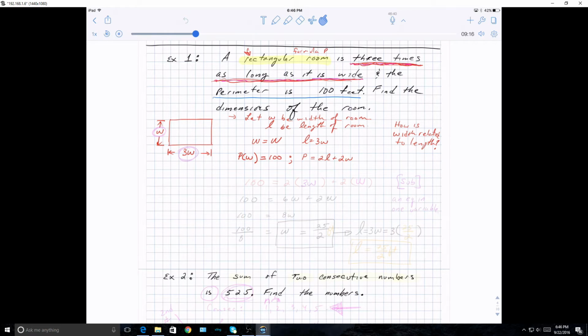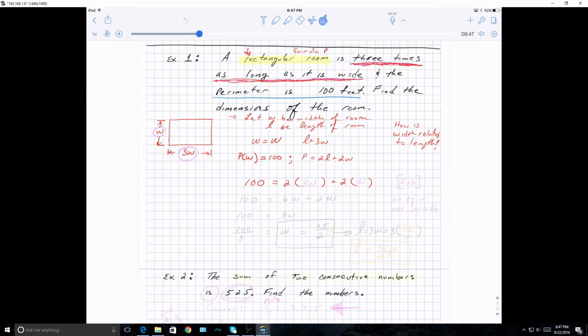So all we have to do is do a small substitution and work the process through. So let's work this out. We know that the perimeter is 100, and we have to take 2 times the length plus 2 times the width.